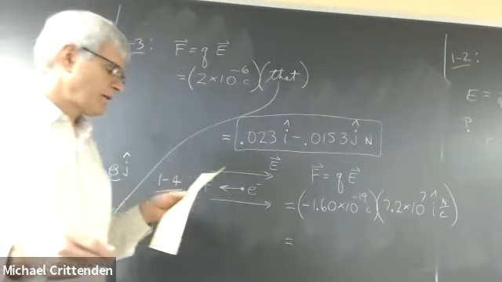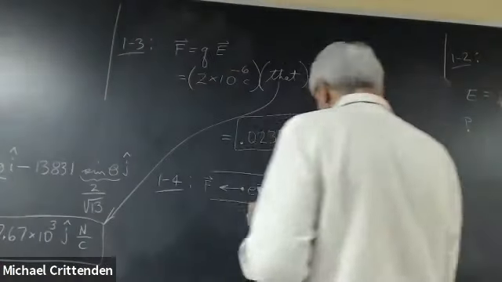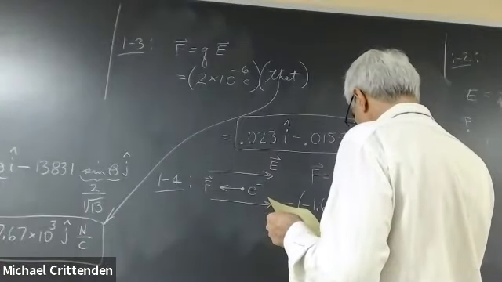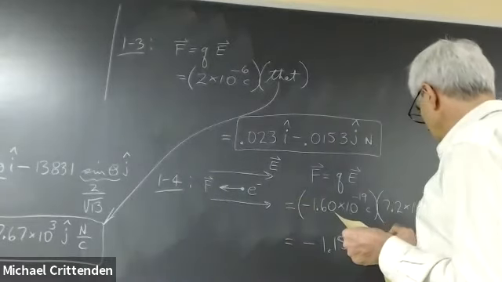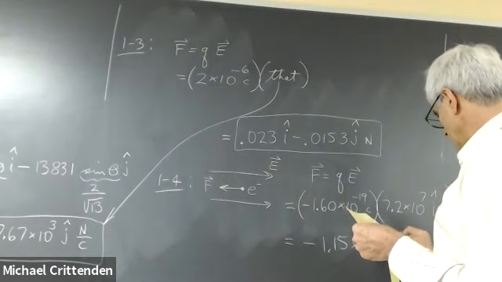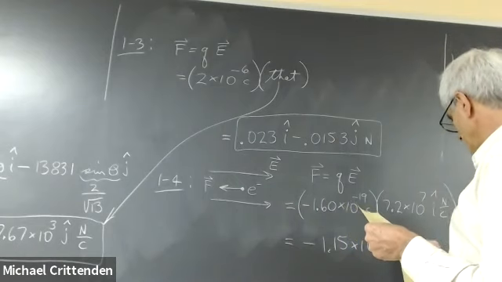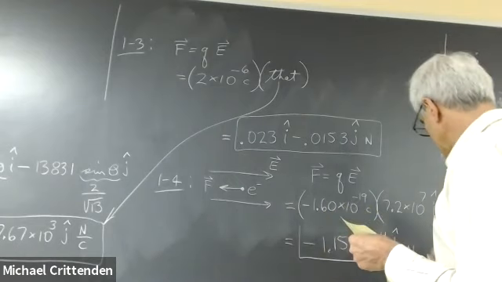And so you multiply those out, and you get negative 1.15 times 10 to the negative 11th in the x direction, measured in newtons.